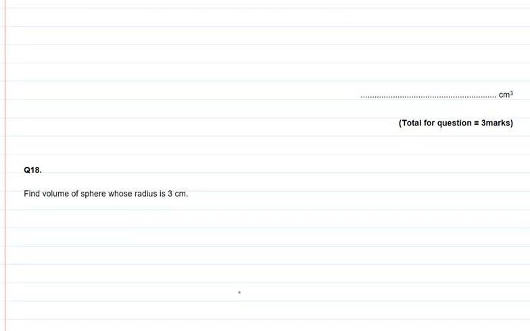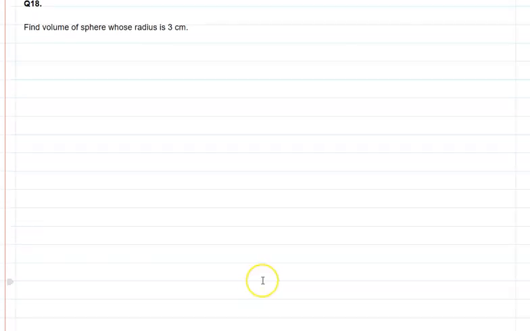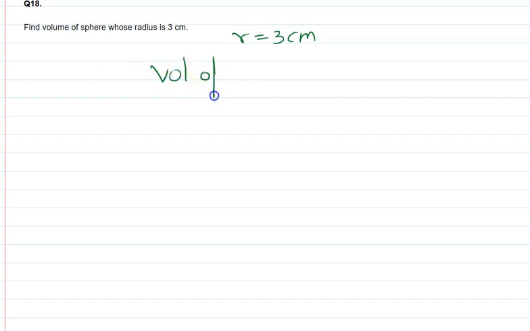Now here, find the volume of the sphere whose radius is 3 centimeter. So radius is 3 centimeter. Volume of a sphere is 4 over 3 pi r cube.